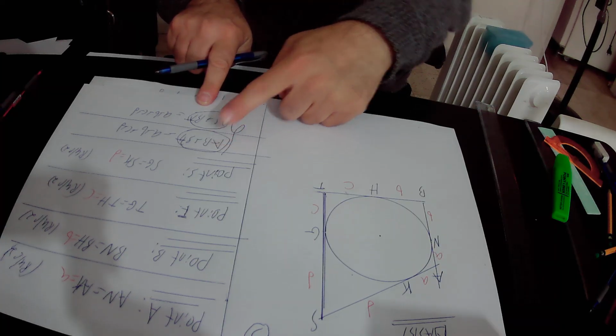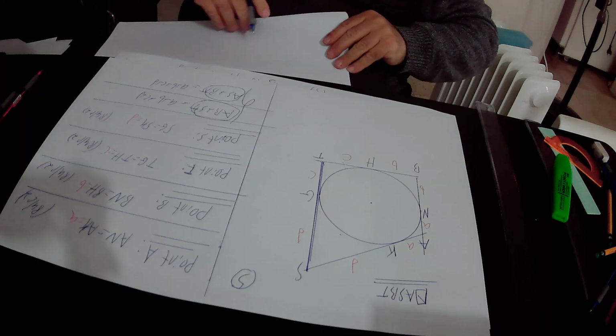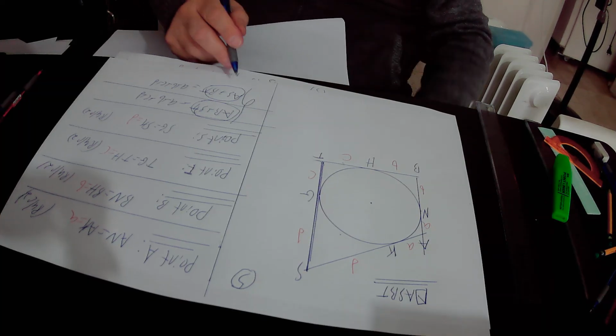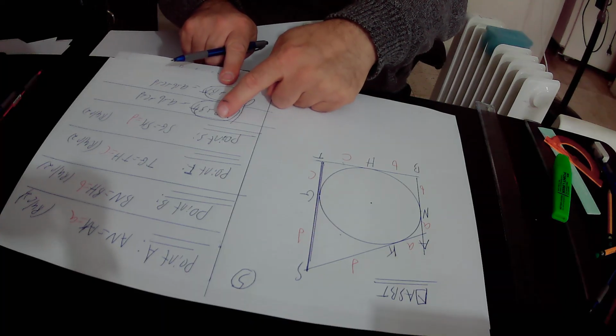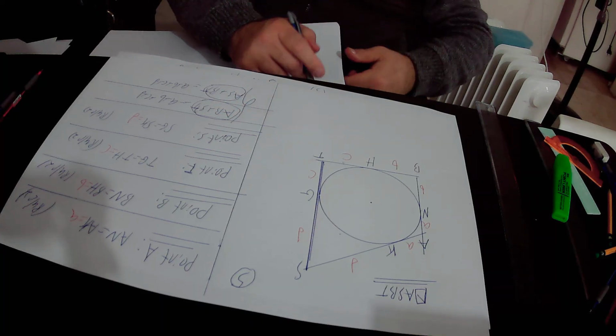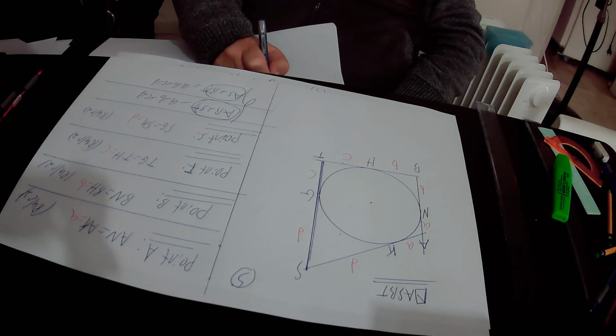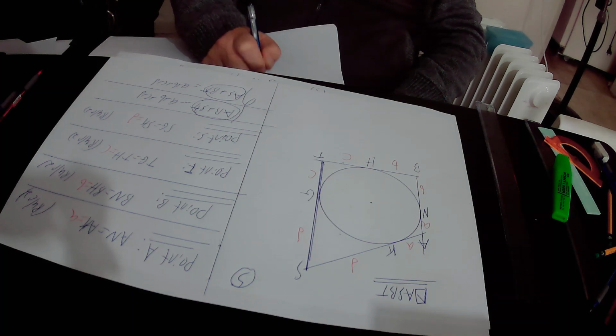So write it down. We actually found out that those two expressions are equal to each other. That is to say, AB plus ST equals AS plus BT.